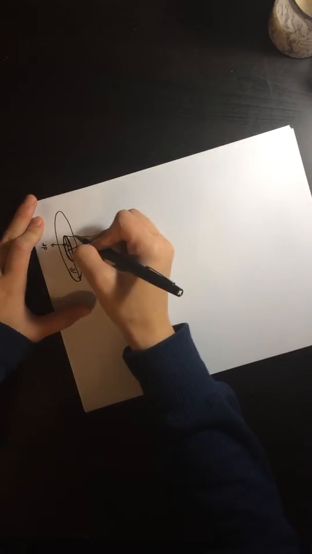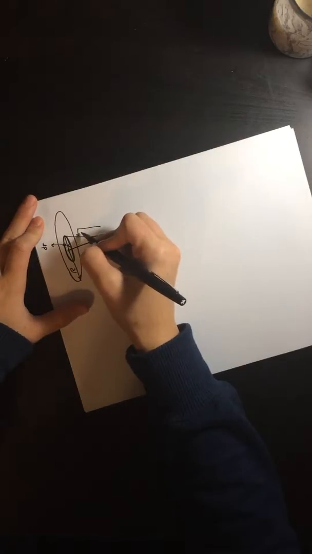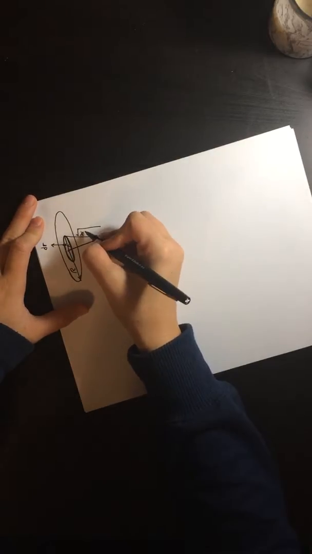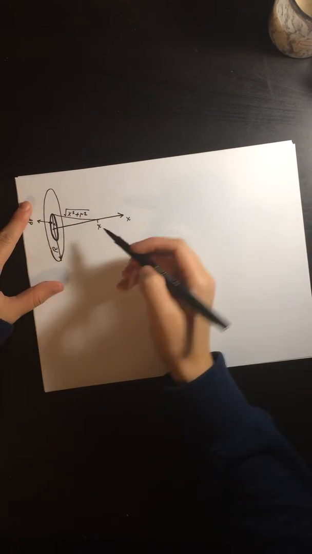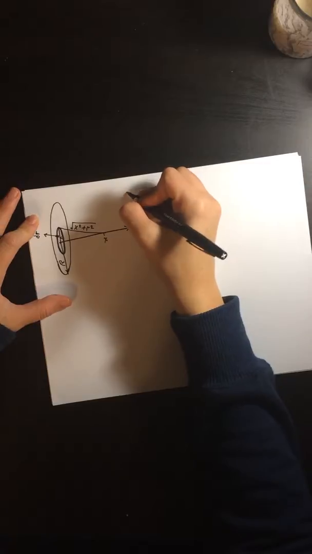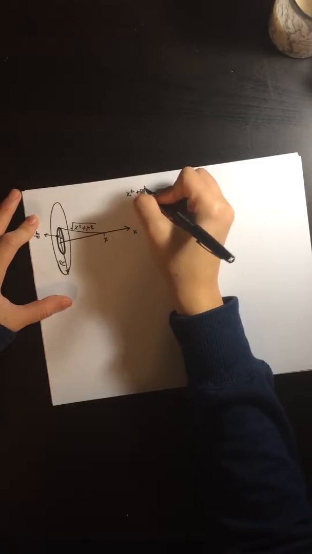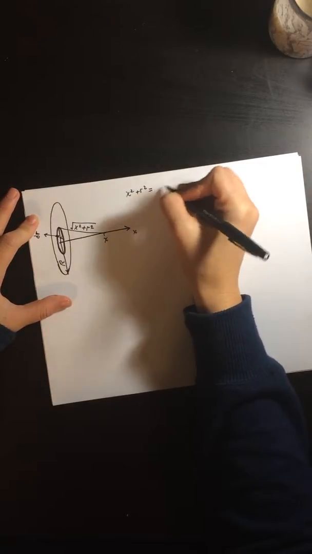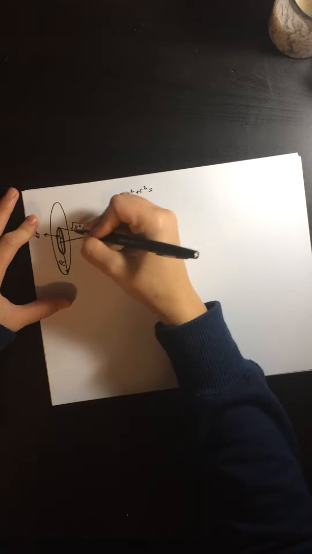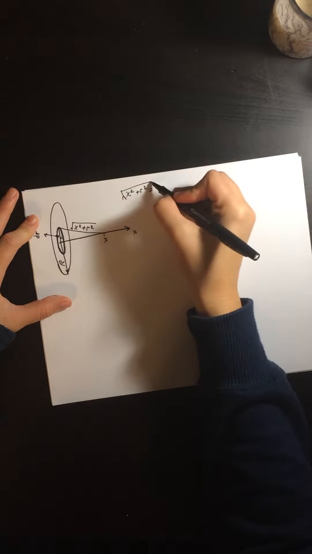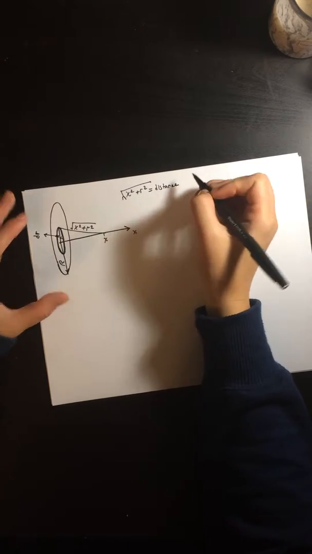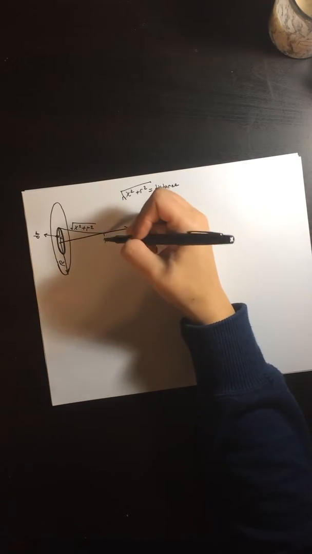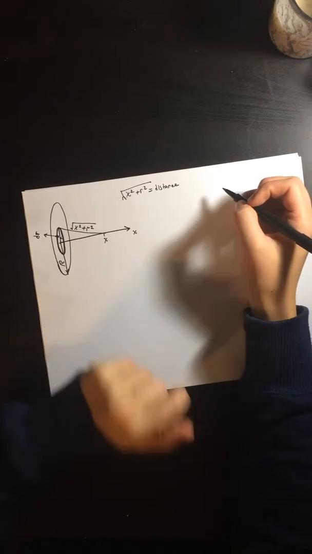And this distance is going to be equal to the square root of x squared plus r squared, because if you do the Pythagorean theorem, then you have x squared plus r squared equals this length squared, whatever this length is, right, between some r and the x-axis.